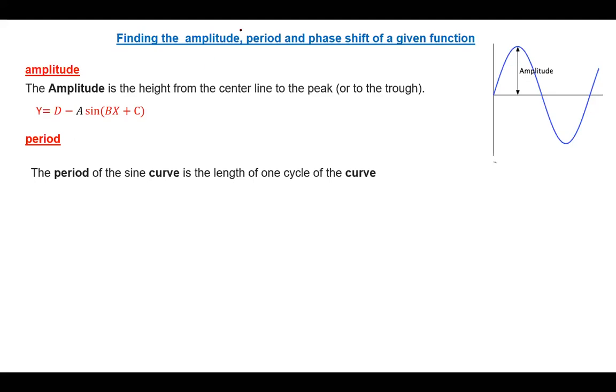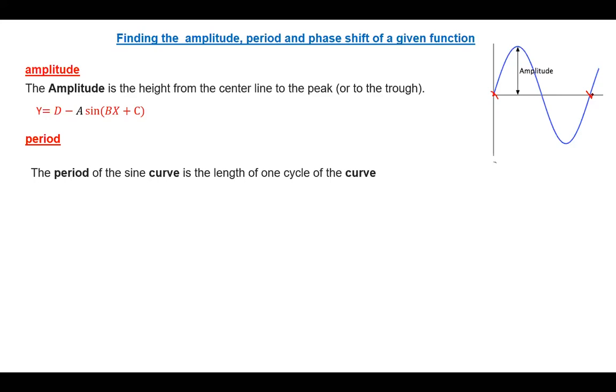So the period for this, for example, is just from this point up to that point. You can attest with me that from that point up to that point, this curve has moved one cycle.